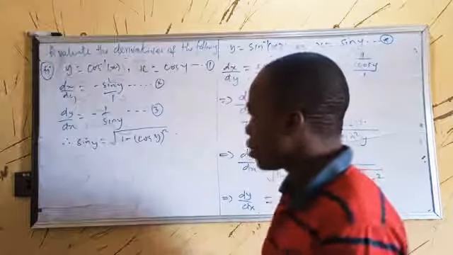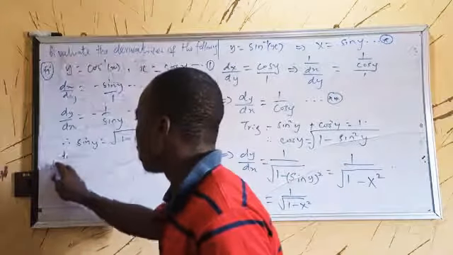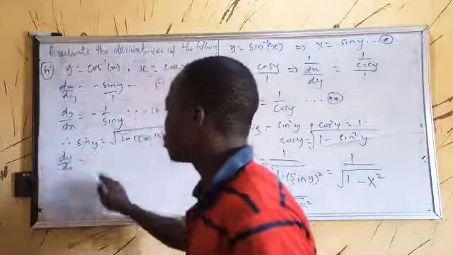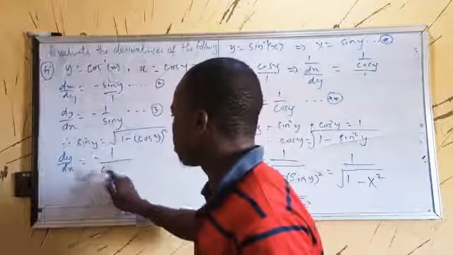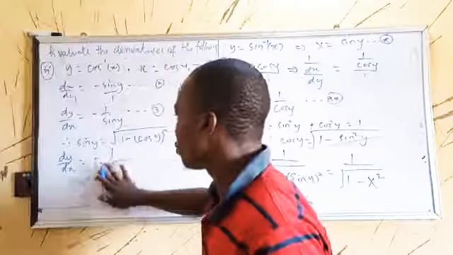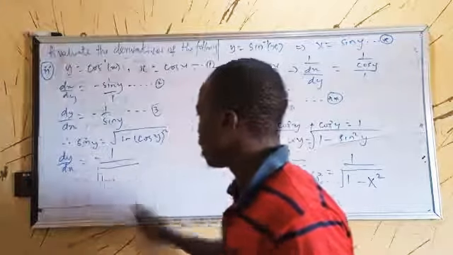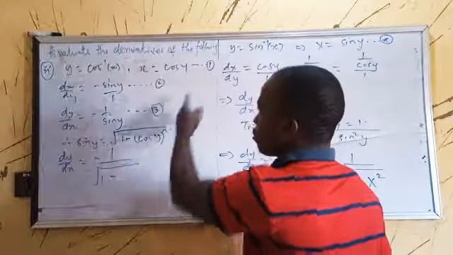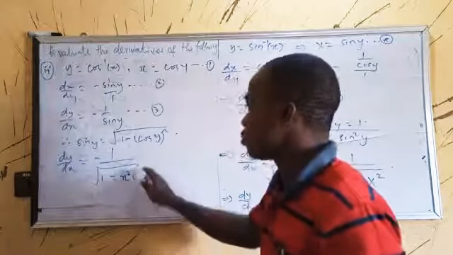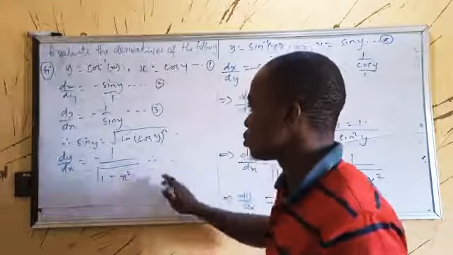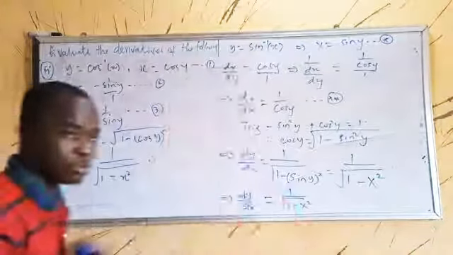So now we plug this into equation 3, so that we have dy/dx equals minus 1 over sine. We are not going to write sine again because we've already said sine is equal to this. So we have 1 minus, what is my cos y? From what we have here, cos y is x. So we have x all squared. Which is the solution to what we have to find. Understand? That is the solution to the problem we are given.